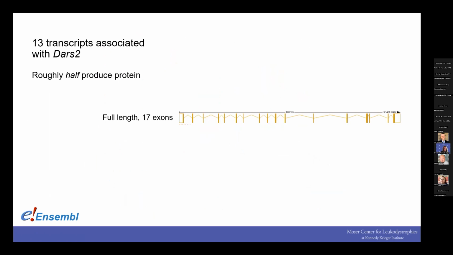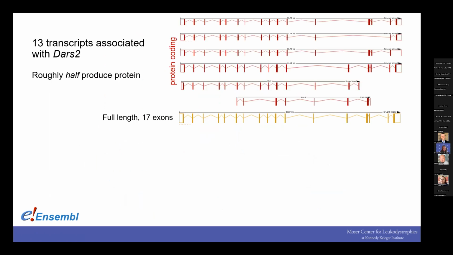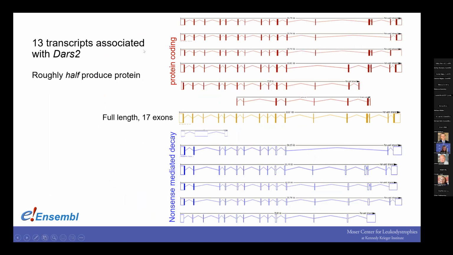What we also know about DARS2, just by looking on Ensembl, and we also have some transcriptome data to support this, is that there are many different transcripts associated with DARS2, 13, and roughly half of them produce protein. So these up here are all transcripts associated with protein, and all these transcripts down here are associated with nonsense-mediated decay.